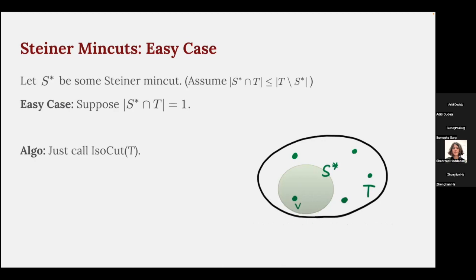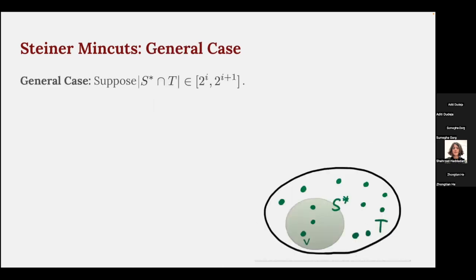And in general, what if the standard Mincut has size, say, between this region? Would anyone suggest some idea? It's not immediately clear how to take this information into the isolating cut steps.